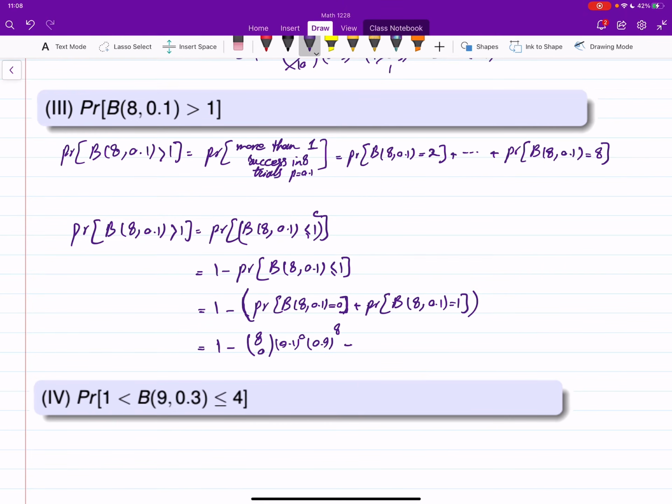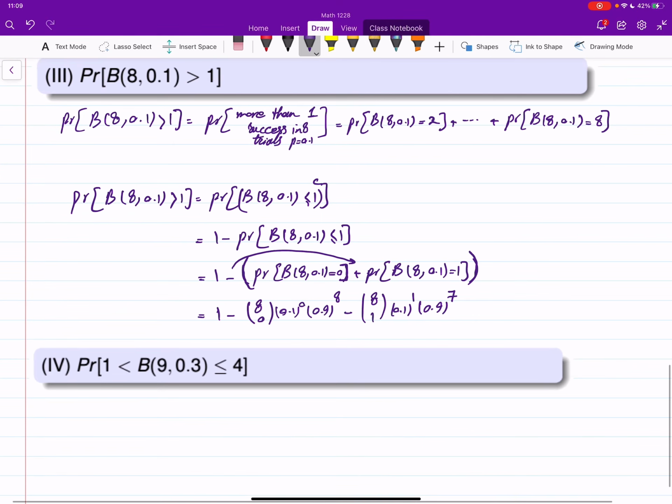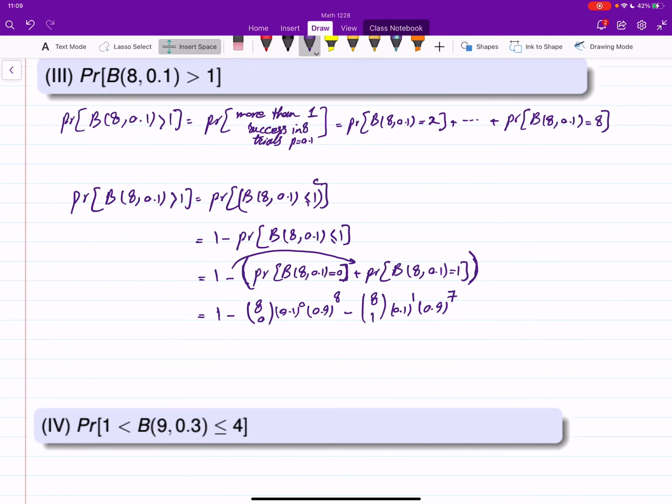Do you see this minus sign? This is going to be multiplied inside. So that's why I'm putting that there. So 8 choose 1, 0.1 to the power 1, and then 0.9 to the power 7. And if you do these, you see there are nice numbers here you can calculate. So this is 1 minus 8 choose 0 is 1.